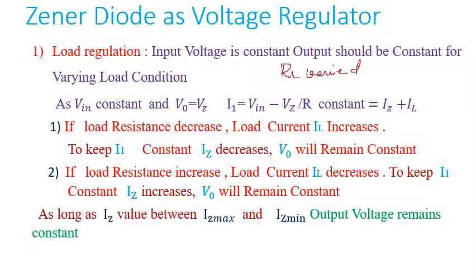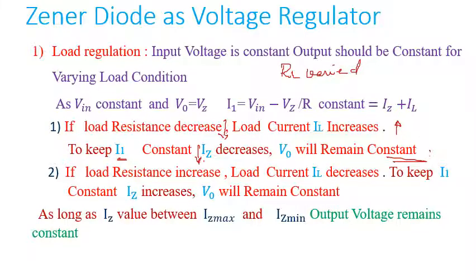If the load resistance decreases, load current IL increases, it is obvious from Ohm's law, resistance decreases, current has to increase. To keep I1 constant, because Vin is constant, IZ decreases and output V naught will remain constant.